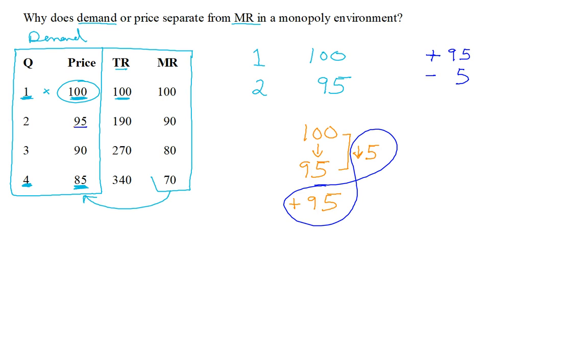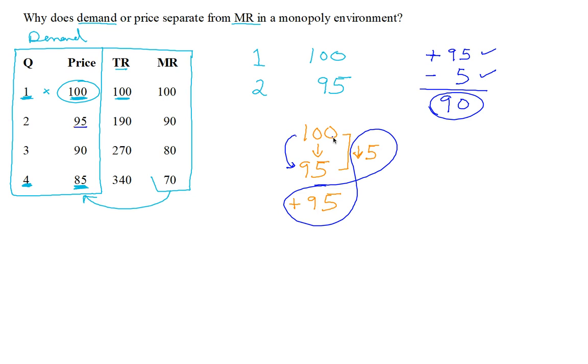That first unit used to sell for $100, and now it's only going to sell for $95. So the marginal revenue is going to be $90.